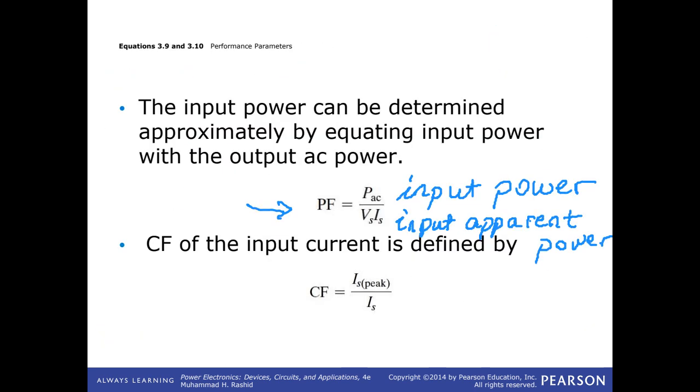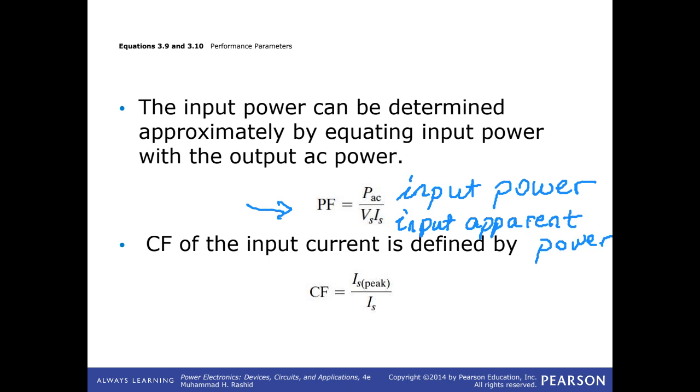How much input power I send to this network, however, with the cost of how much apparent power. I don't want to send reactive power to this system.